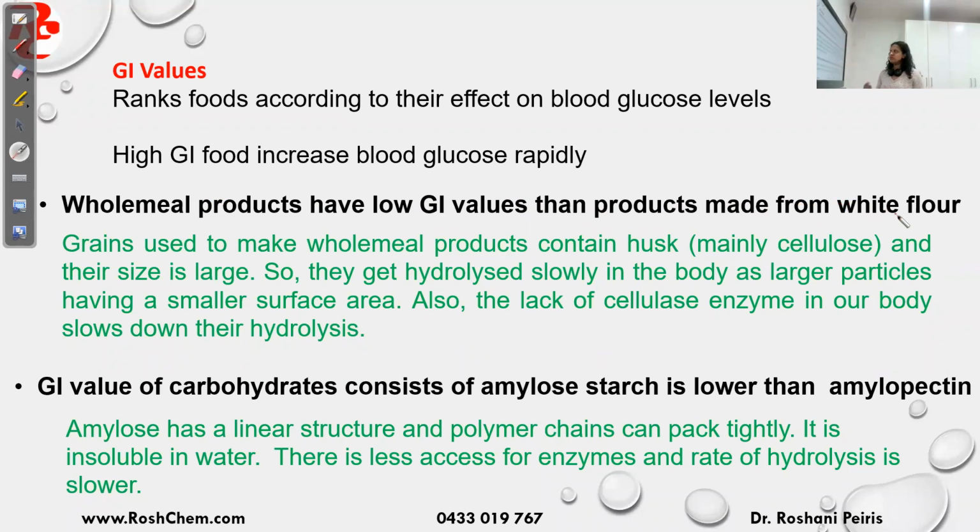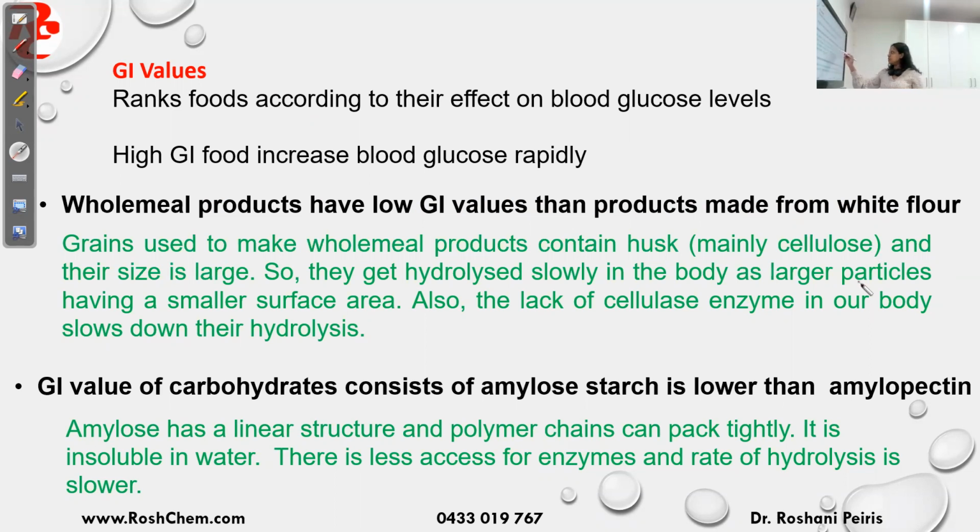So why is there a difference then? The grains used to make whole meal products contain husk. So the outer husk is made from cellulose and the particle size is also large. So we know that we don't have cellulase enzyme to hydrolyze the cellulose, which means the rate of hydrolysis is slower here, right?